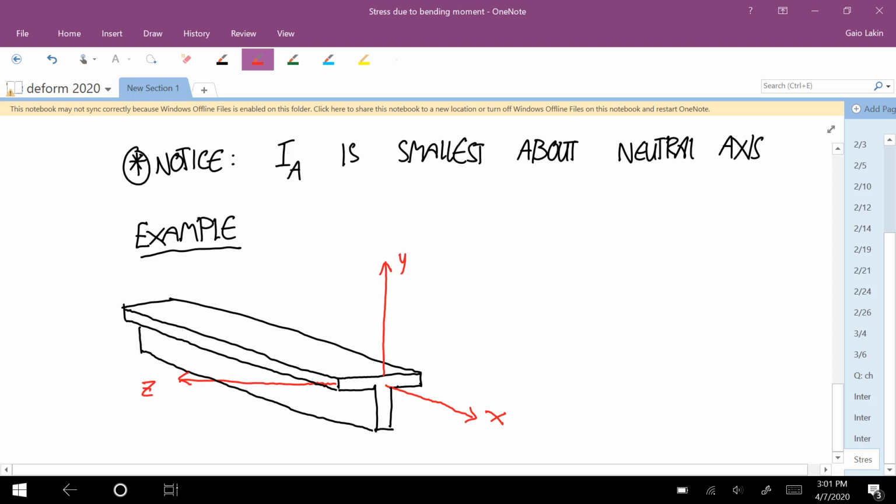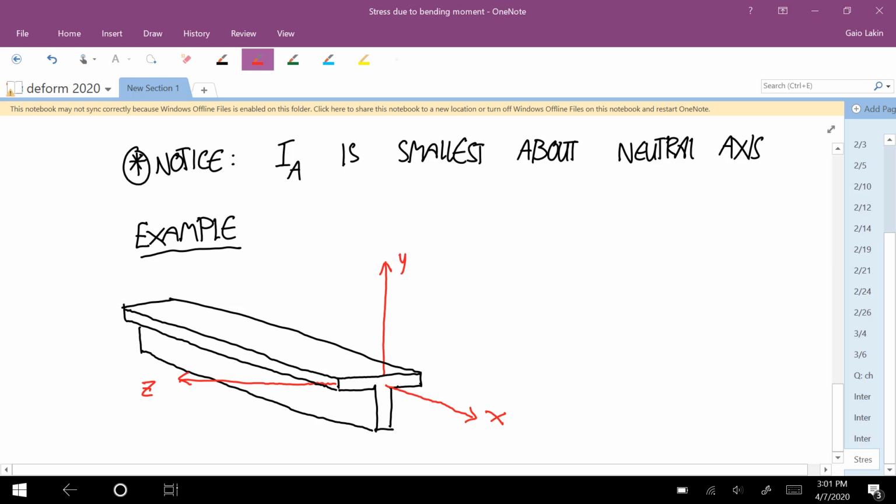Okay. And let's say we're loading this so it's going to be bending about an axis parallel to the z-axis. Okay. That's the way we're usually going to orient the coordinate system for problems like this.